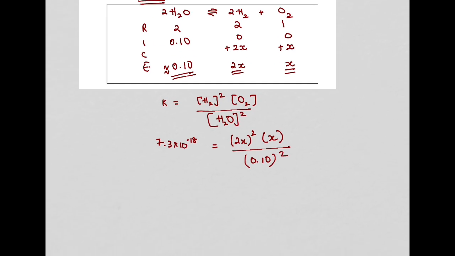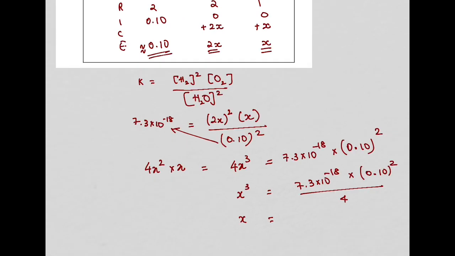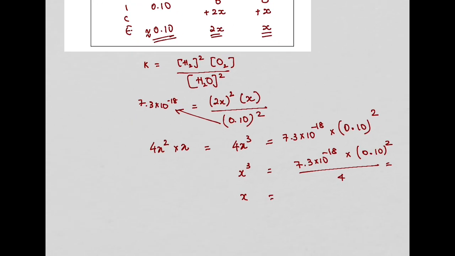From this, I can find the value of X. So 2X squared, that's going to be 4X squared times X. That's going to give me 4X cubed, and 4X cubed is equal to this. So using this, you can find X. So you're going to do the cube root of the answer that you get here, and you can find your value of X. You can verify if you get this answer.